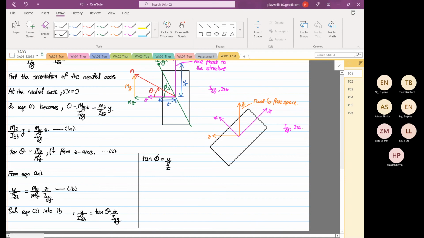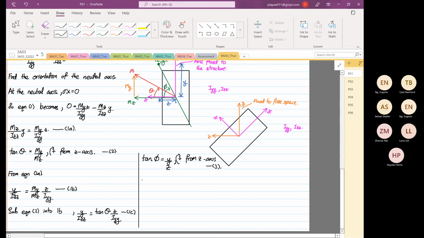And also, positive is in a clockwise orientation from z-axis. Okay, so that is our equation number 3. So this is our equation 1c.